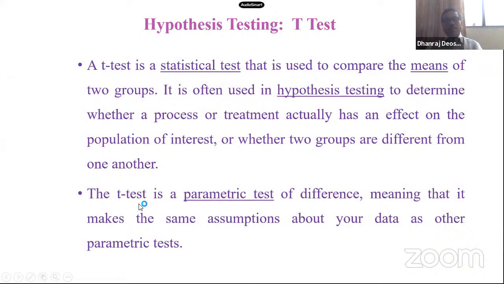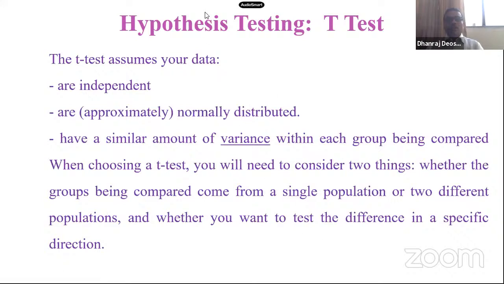The t-test is a parametric test of difference, meaning that it makes the same assumptions about your data as other parametric tests. The t-test assumes your data: first, your data are independent, meaning whatever data we collect is considered independent data.